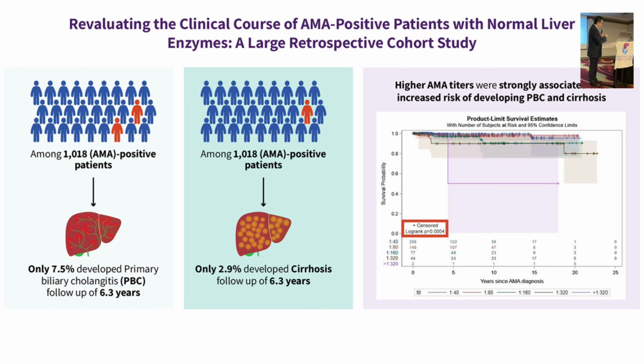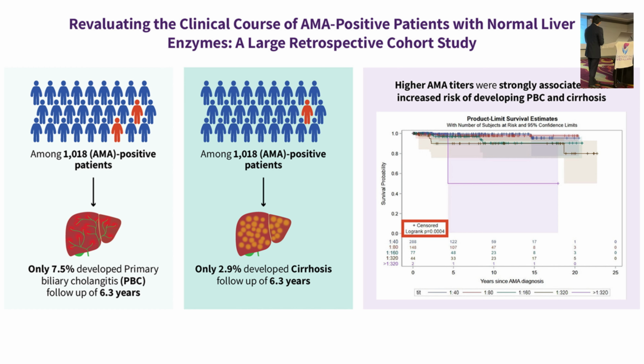This is a study coming out of Israel, the largest AMA positive but no evidence of PBC population reported to date. They followed those patients over time, 6.3 years. What they found is that a small percentage of them would develop PBC, not a high amount, 7.5% if you follow them up.